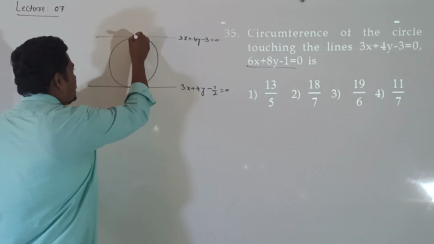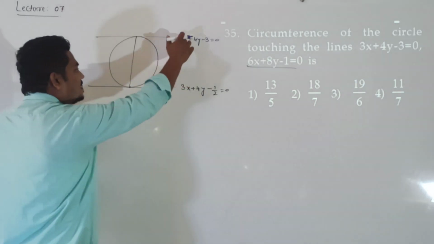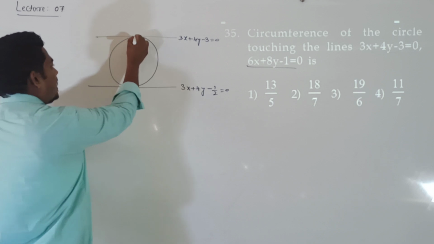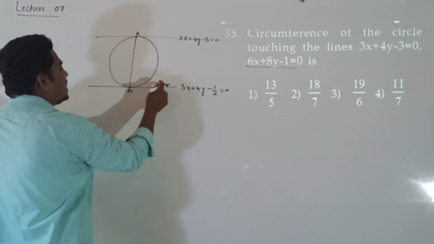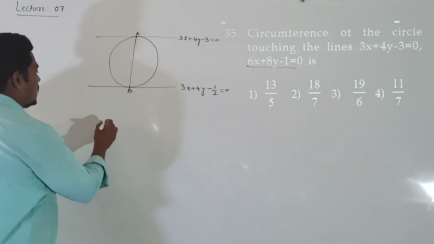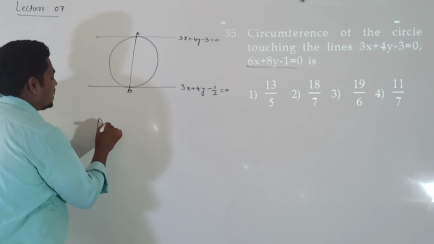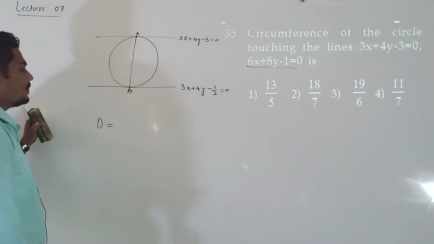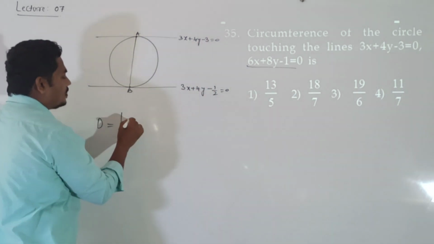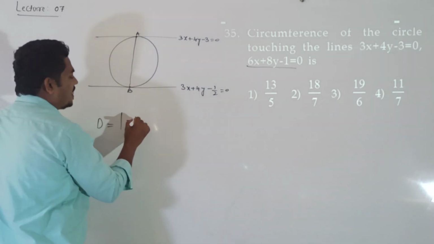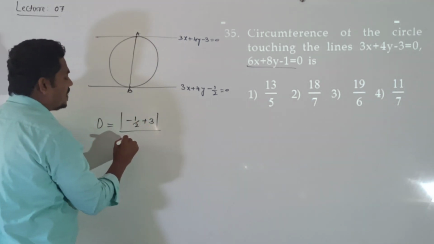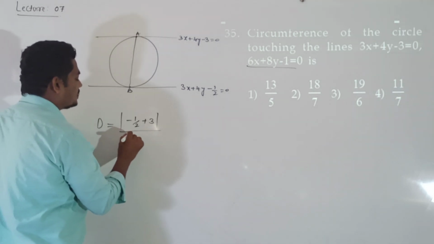Means the distance between these two parallel lines is nothing but the diameter of the circle, right? Diameter of the circle D is equal to, by using the distance between two parallel lines formula, modulus of C2 minus C1, that is minus 1 by 2 minus of minus 3, divided by square root of a square plus b square.